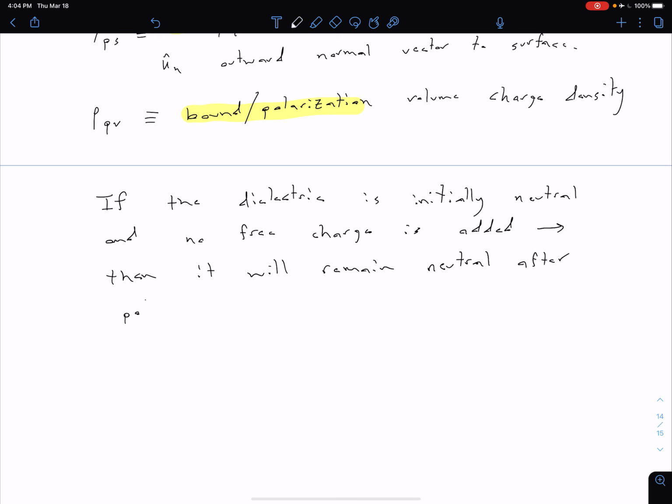I think all of these ideas about our bound surface charge, and our free charge that we'll talk about in the next video, are going to make a lot more sense once we get into some examples.